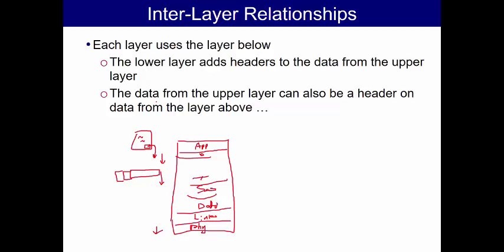This header is something about interlayer relationships. It explains where I am, where it goes, things like that. So data from the upper layer can also have a header on top of the data from the layer above, so it can attach further and further, right?